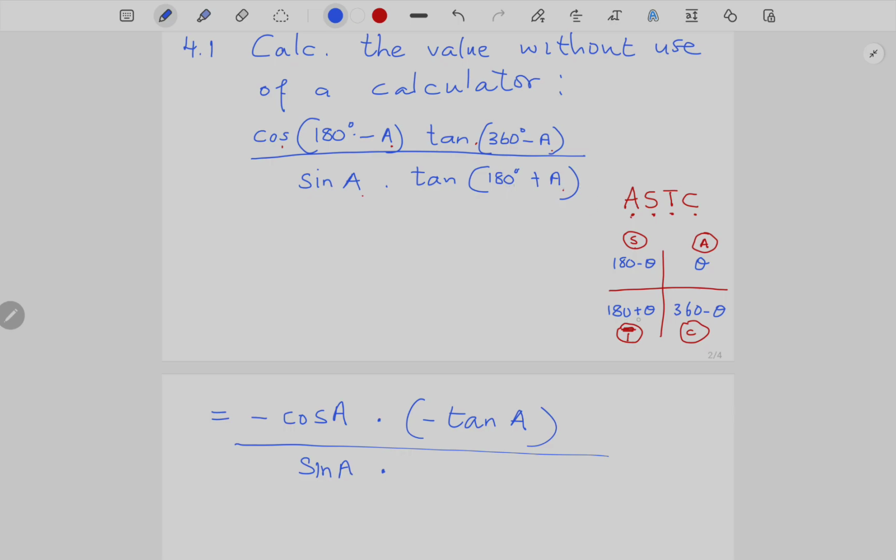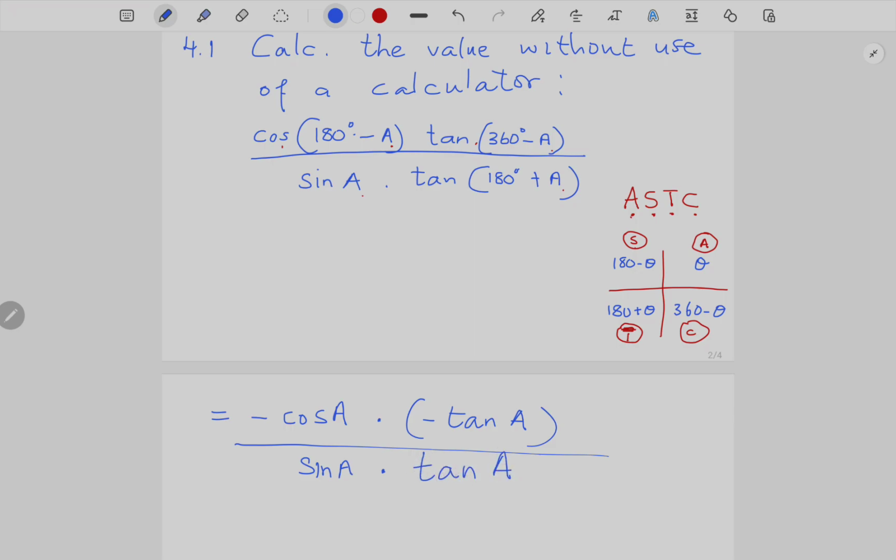So it belongs to the third quadrant. Which trig ratio is positive in the third quadrant? Tan. So the answer is going to be positive tan A.